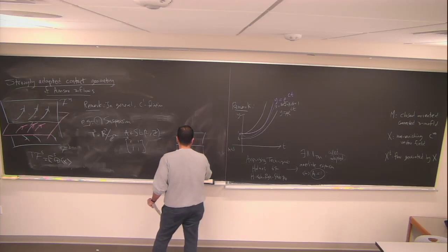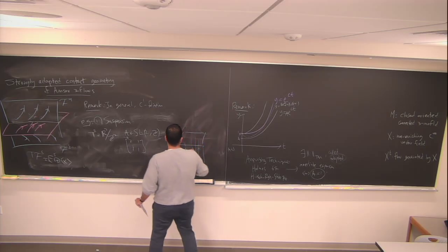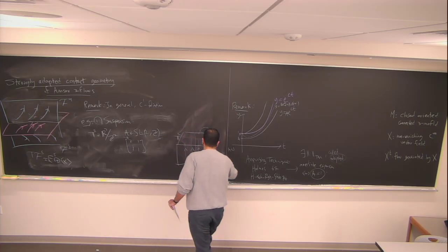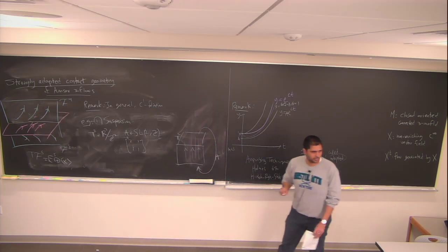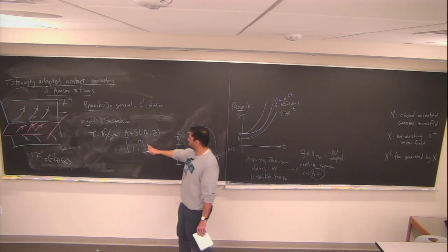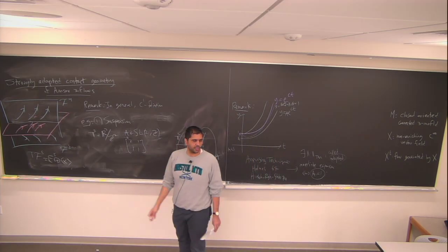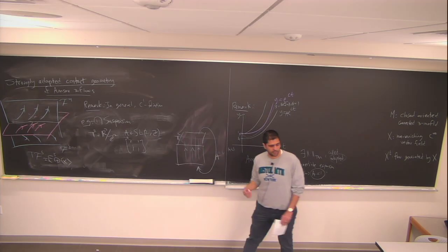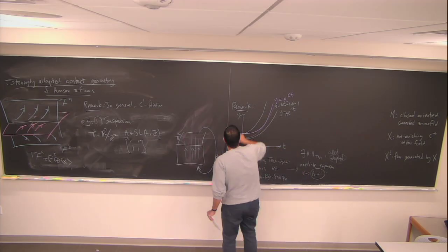You consider vertical flow lines, and then use this map to glue the floor and the ceiling.